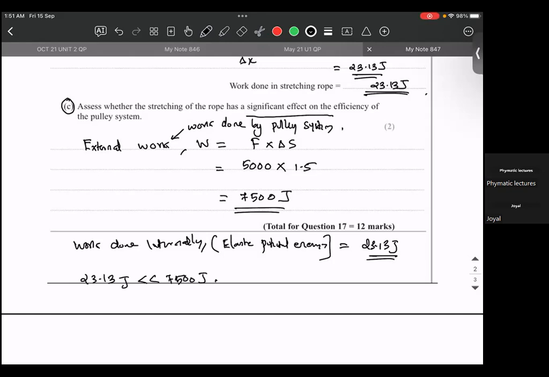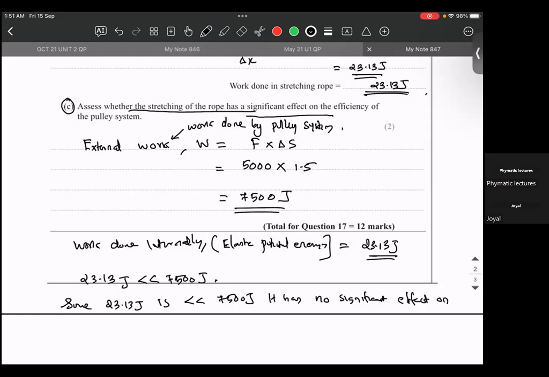So what is our comparison? Because what is our question? Assess whether the stretching of the rope has a significant effect on the efficiency of the pulley system. Since 23.13 Joule is very, very less than 7,500 Joule, it has no significant effect.